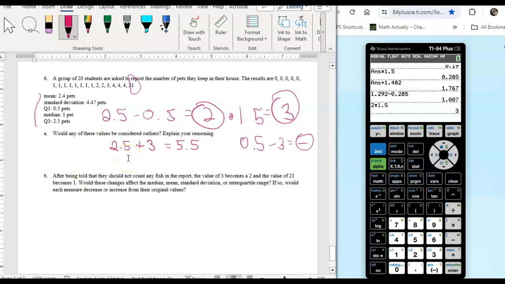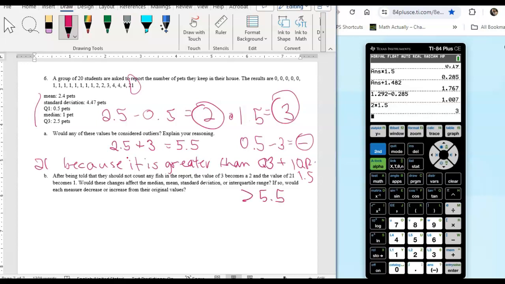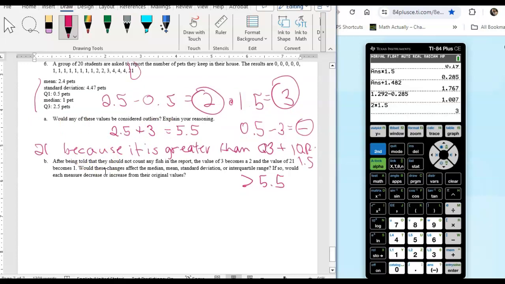So my outlier is 21 because it is greater than quartile 3 plus the IQR times 1.5. In other words, it's greater than 5.5.